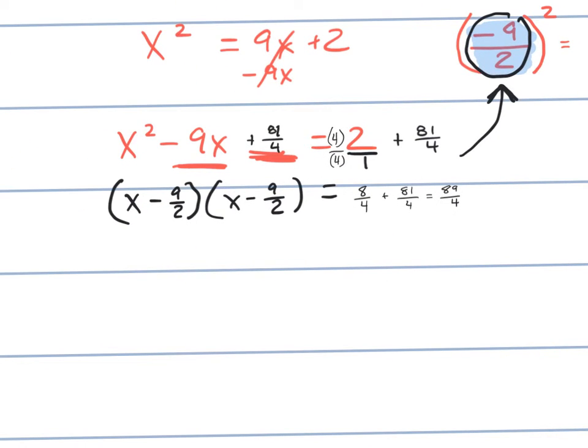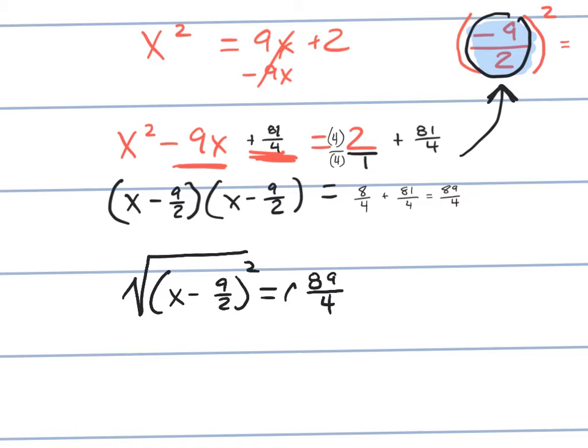Okay, so our next line is going to look like this. X minus 9 halves squared is equal to 89 fourths. What's next? Square root both sides. Sometimes the answers will get ugly, but you shouldn't be intimidated. You know how to do all the things that we're doing.